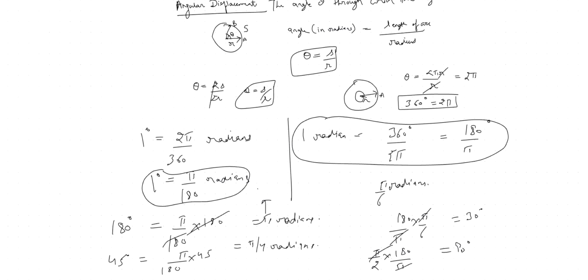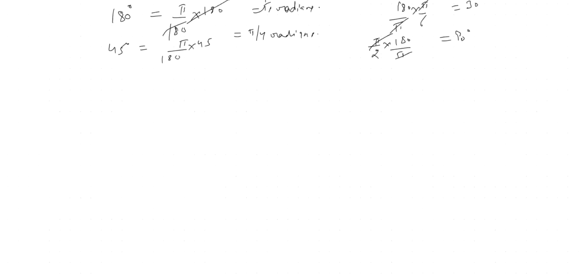Now, if I ask you to define 1 radian, how can we define it? Let's say an object starting from point A reaches point B and the circular path has radius r.